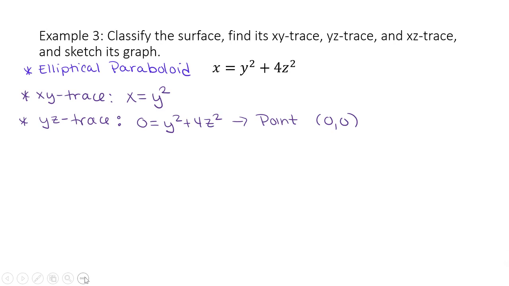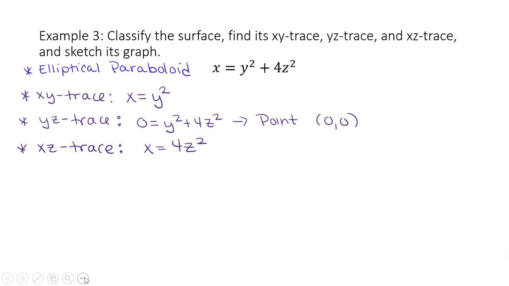And so the only way you're going to get a true statement when you have a squared plus a squared is if both y and z are 0. If y or z is anything other than 0, you're not going to get a solution to this equation, because there's no way you can get a 0 if you add two positive numbers together. So the yz trace here is technically only one point. It's the point 0, 0. So this equation is only valid at the point 0, 0.